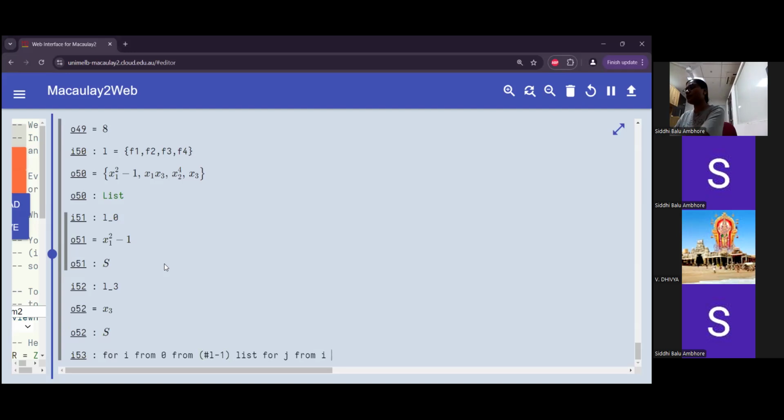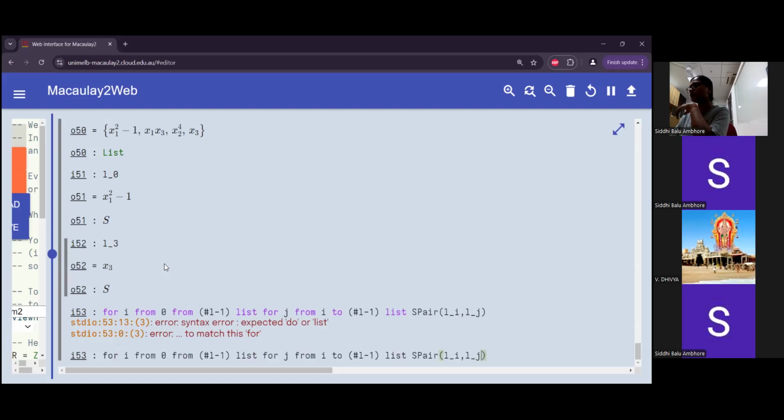To avoid the extra calculation, it will calculate some more terms, but that's okay. For j from i plus 1 to hashtag L minus 1, again we list the S pair of Li, Lj.